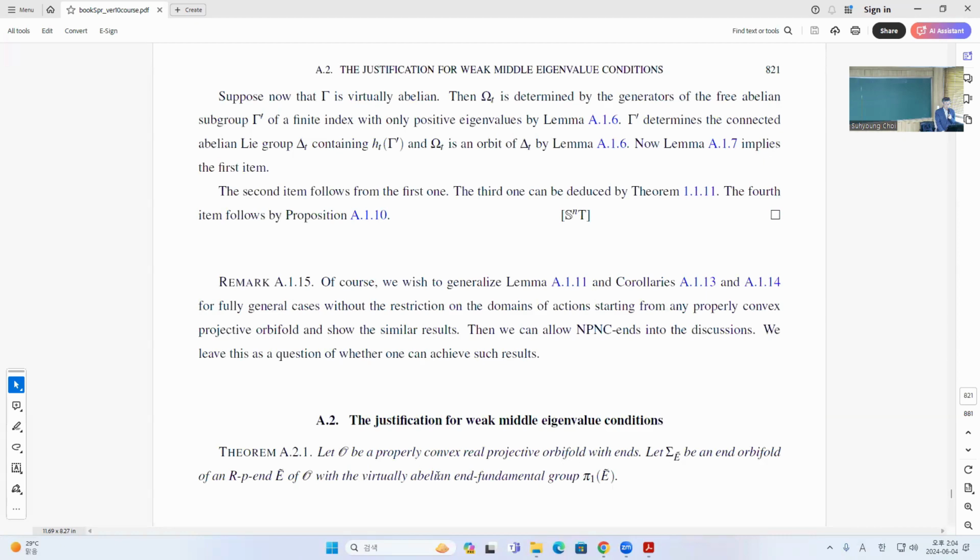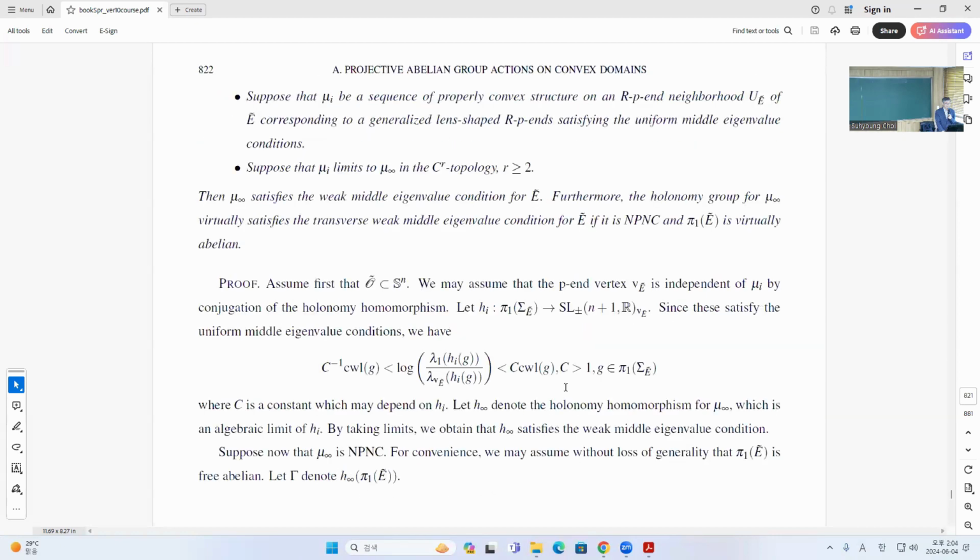So if it is n over 4, it's a virtually abelian fundamental group. So if it has some sequence of properly convex structures or RPn structures with the generalized shape, and it limits to this, then this limit satisfies a weak middle eigenvalue condition.